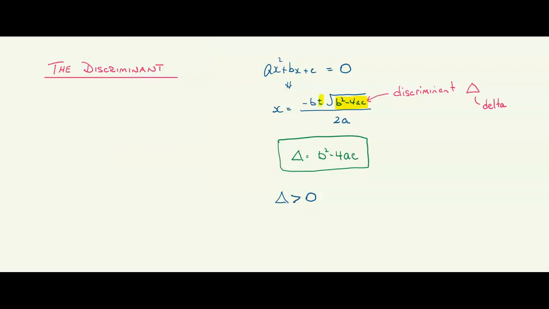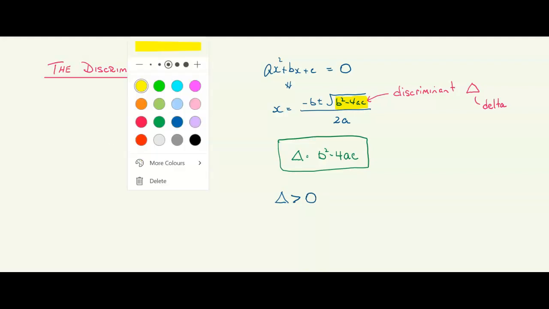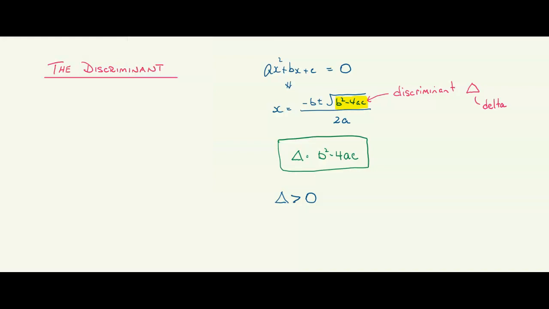This is where we get our 2 solutions from. That value in there, the plus minus, gives us our 2 solutions. So if the square root of b squared minus 4ac is greater than 0, then we have 2 values.